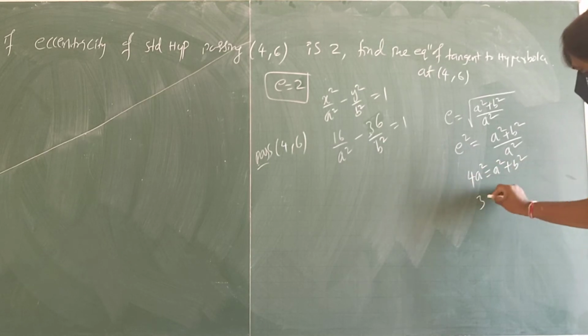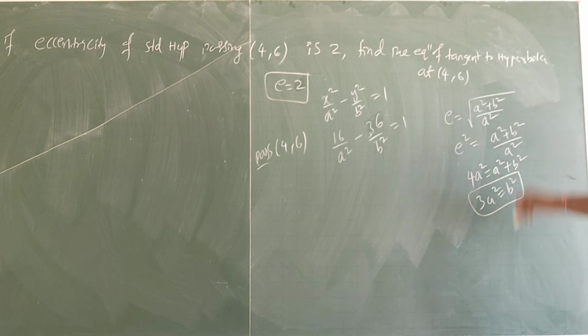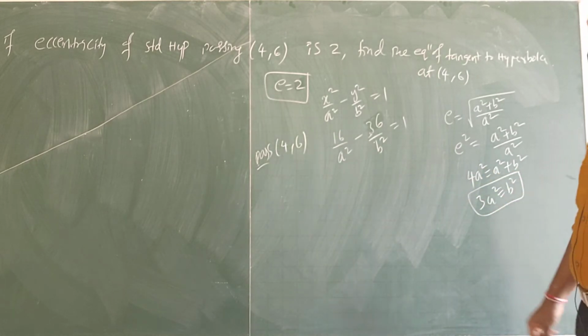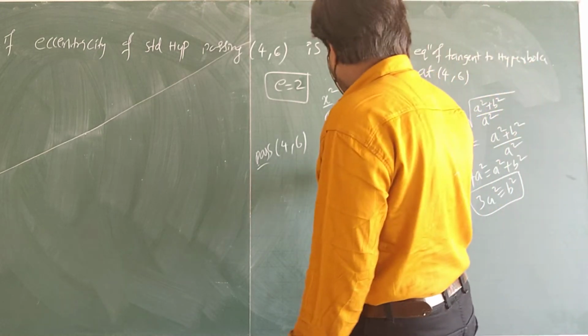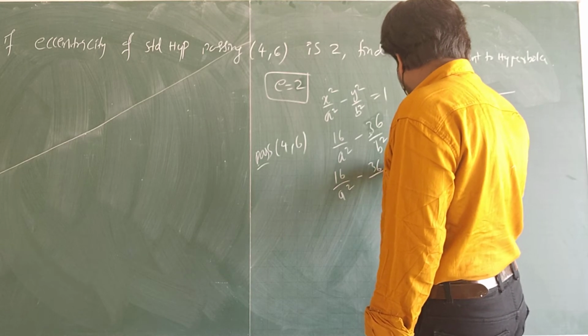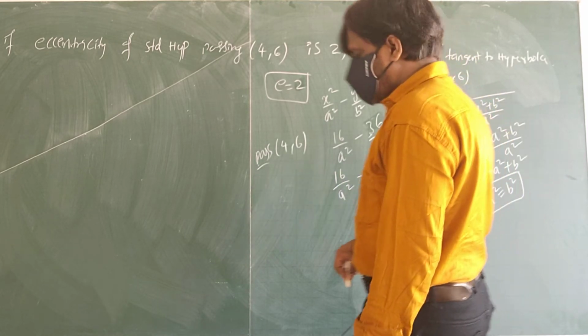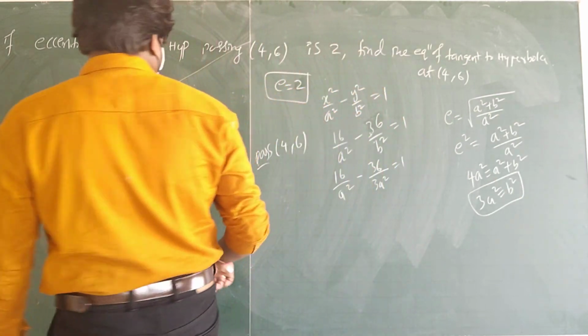If I send this to the other side, 3a square is equal to b square. Means b square I can change as 3a square. So if I change here, I get 16 by a square minus 36 by 3a square equal to 1. We have to find the a and b values first.